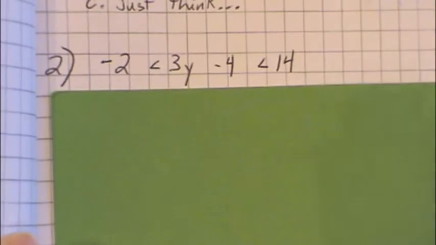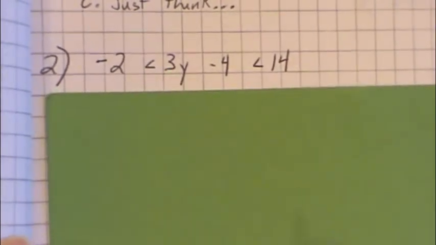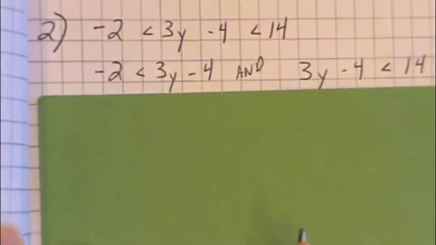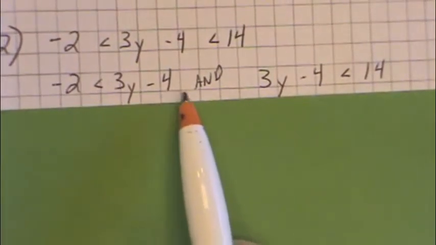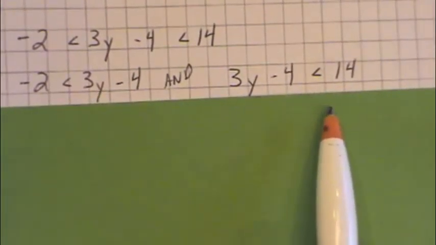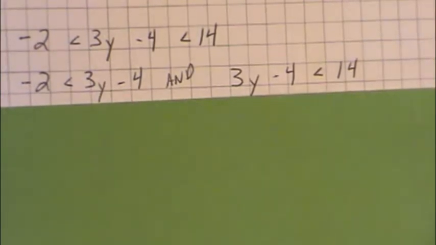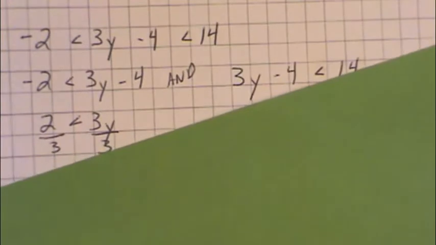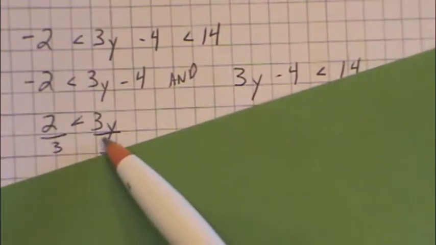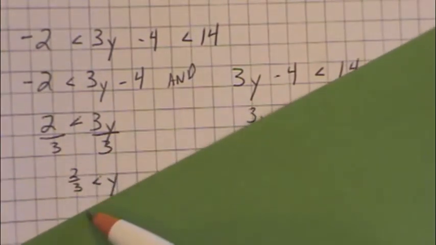So here's the compound inequality they gave us, and I'm going to break it into two parts to solve it. -2 is less than 3y minus 4, and 3y minus 4 is less than 14. I'll start with this side. 2 is less than 3y, divide by 3. 2/3 is less than y.